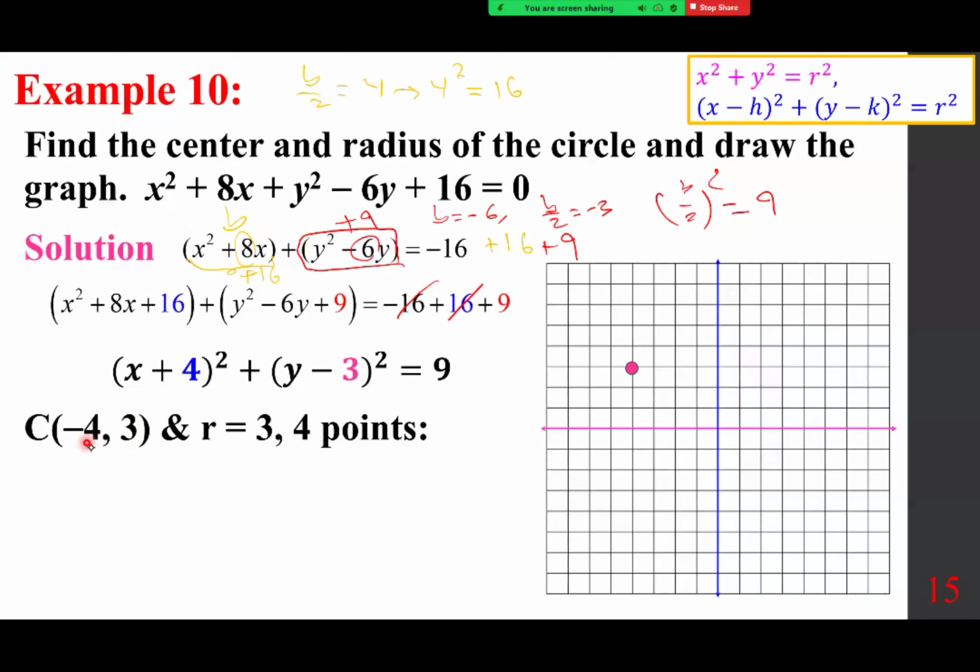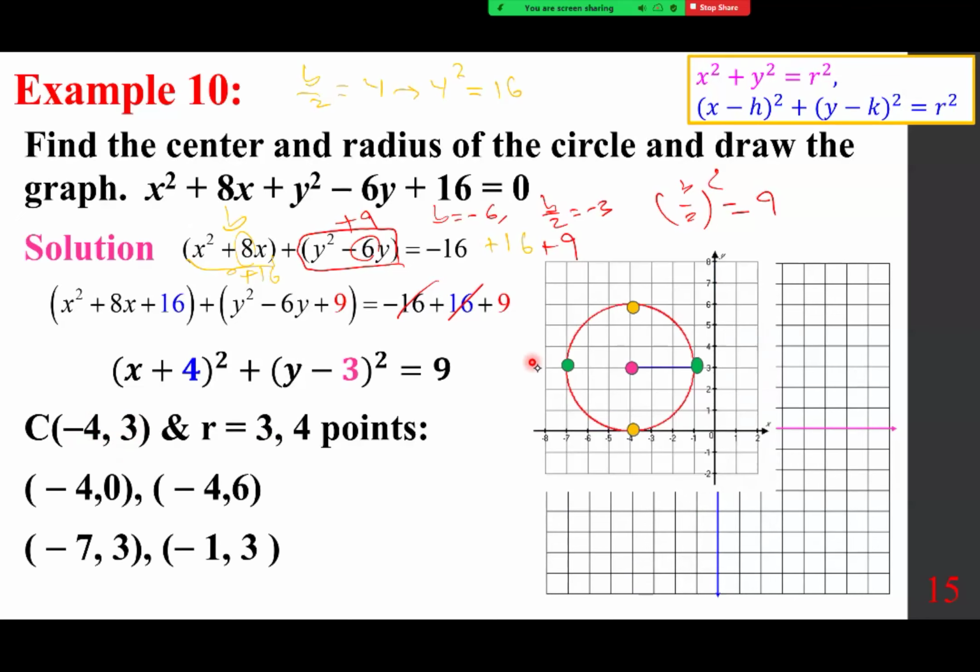So this is the center, negative 4, 3. We get 2 points, one at the bottom, one at the top, with the distance of r, or 3 units. Now from the center, go to the right and left by 3 units. And now draw, and it looks something like this.